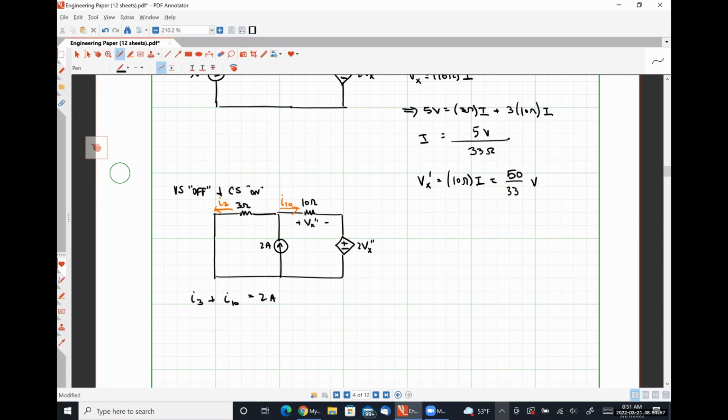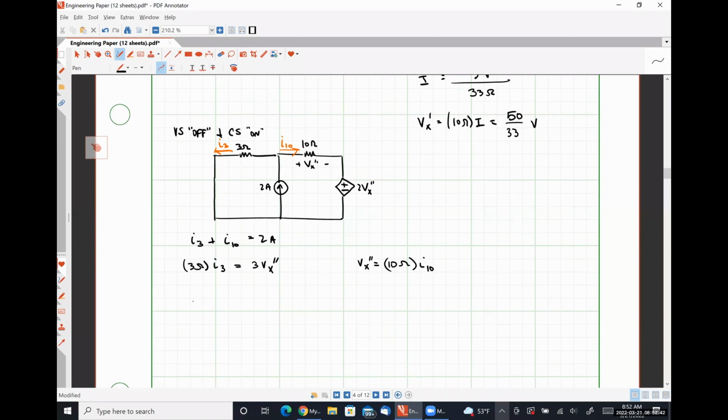And we know, applying Kirchhoff's voltage law, 3 ohms times I3, the voltage drop over the 3 ohm resistor, is going to be equal to 3 Vx double prime, where Vx double prime is just 10 ohms times I10.